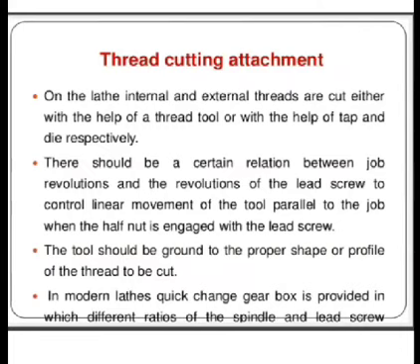The tool should be ground to the proper shape or profile of the thread to be cut. In modern lathes, a quick change gearbox is provided in which different ratios of the spindle and lead screws can be made.